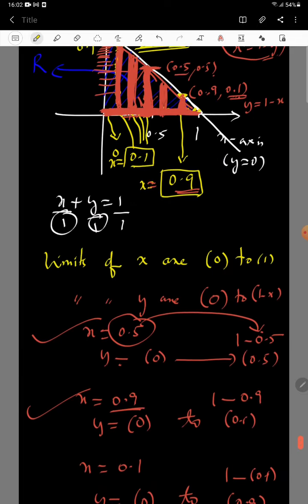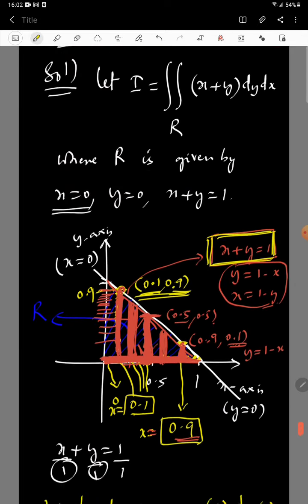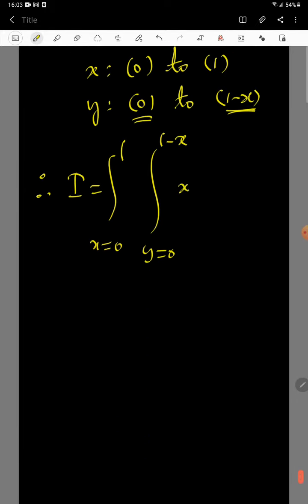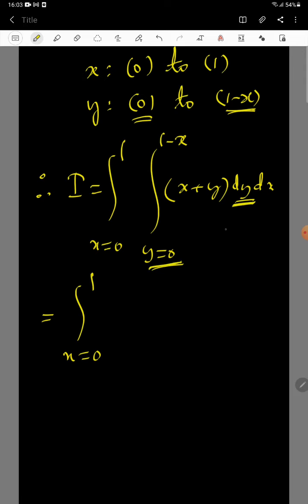Now let me see what that problem was. That problem was x plus y dy dx. Now this is nothing but the integral x is equal to 0 to 1. You have to integrate first with respect to y. The inner integral is with y, and afterwards we go for x outside.